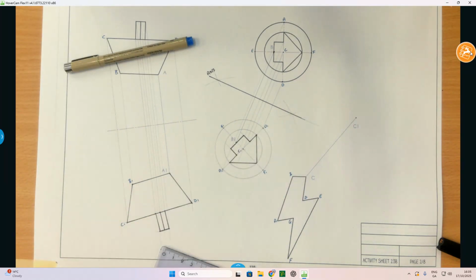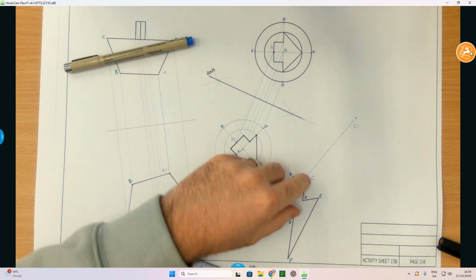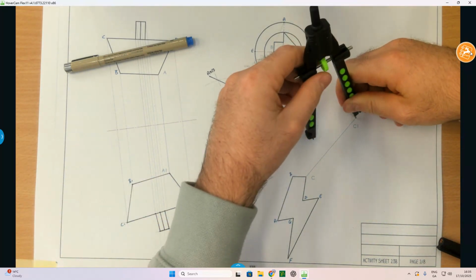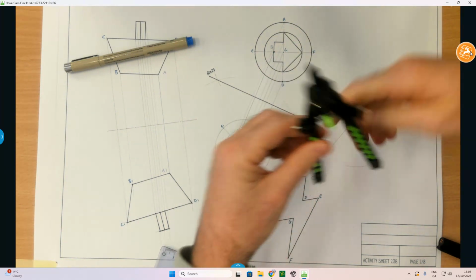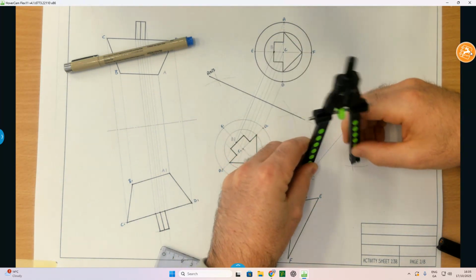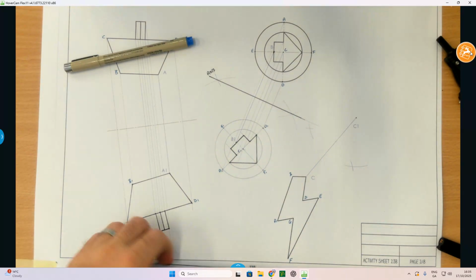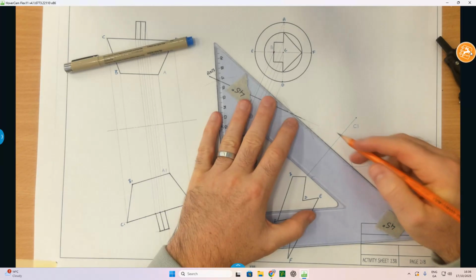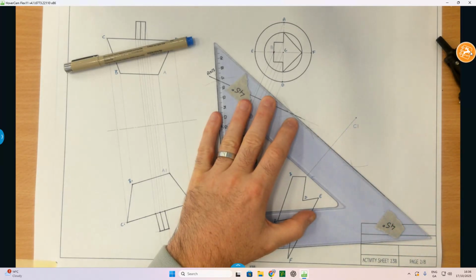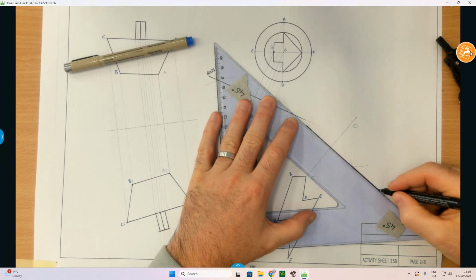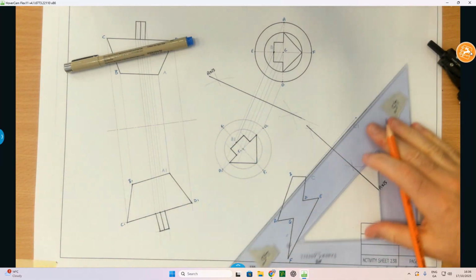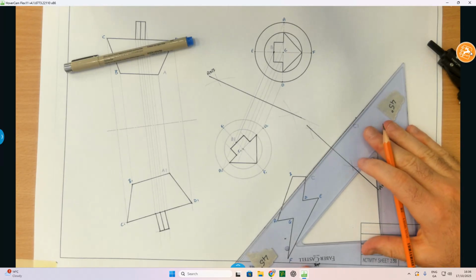They've already given us the line from C to C1. So I want to get my axis, so I have to bisect that line. So from C to C1, let's bisect. So now that I have the axis, draw that in. And there is my axis. Now all those points have to project out parallel to the line C to C1, perpendicular to the axis.